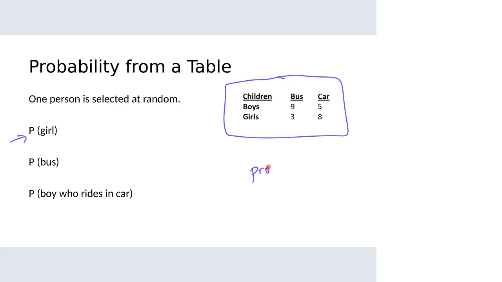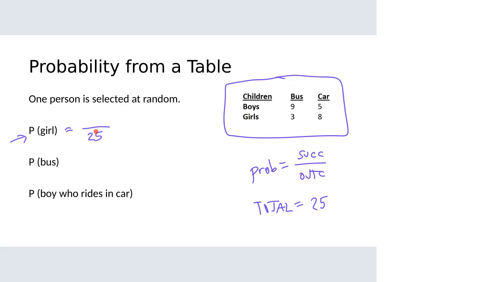Again, remember, and I'll say it over and over again, that probability is successes over outcomes. So the first thing we need here is our total number of outcomes. So let's see, our total in this chart will be 9 plus 5 plus 3 plus 8. It looks like there are 25 total students that were in this data. And so our number of outcomes is going to be 25.